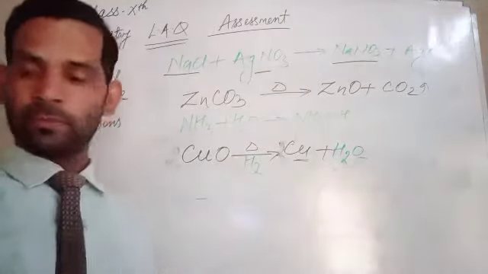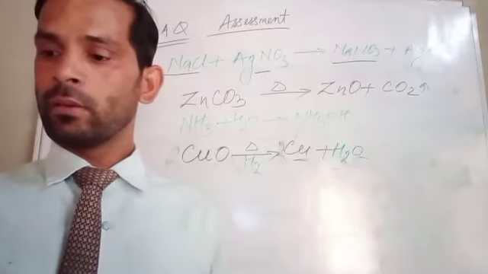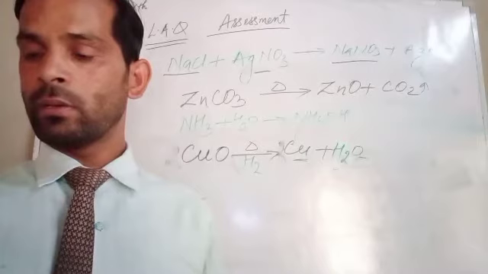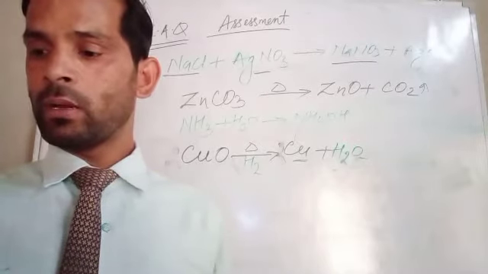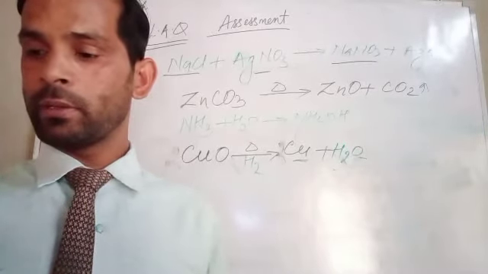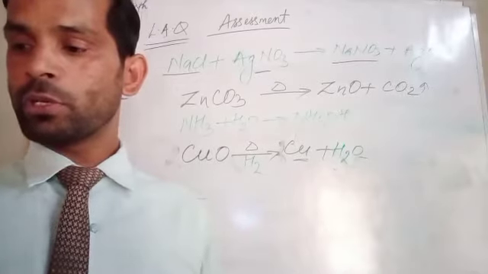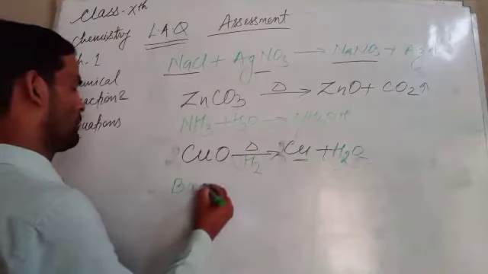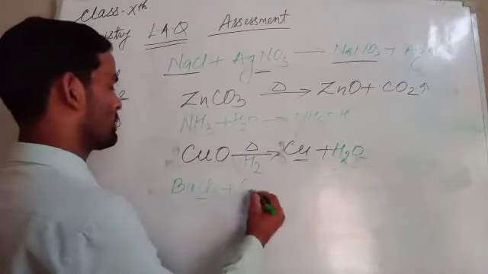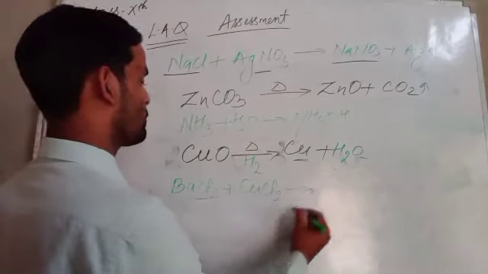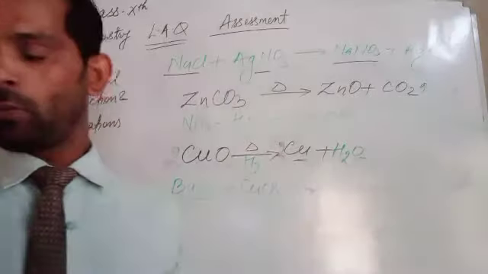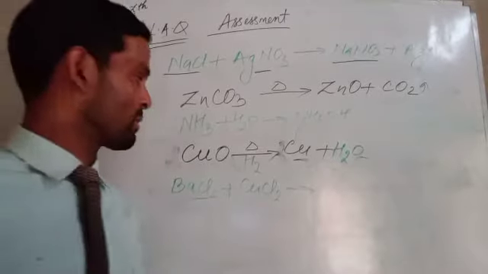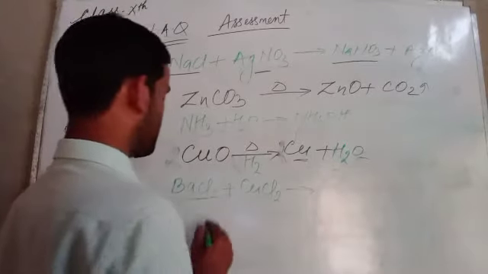Next question is: give the characteristics. Barium chloride solution is mixed with copper sulfate solution. What will form? A white precipitate is observed.